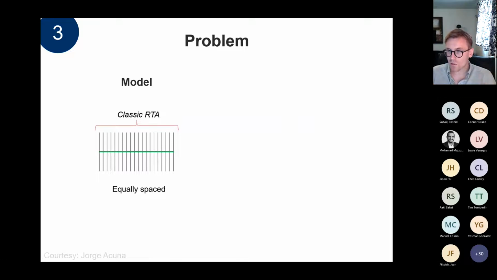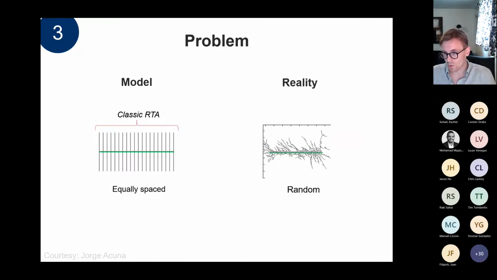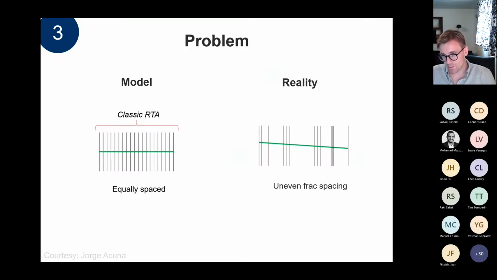But as we've seen in many of the test sites, many of these ConocoPhillips papers, etc., we know that the reality is much more complex. Maybe it looks something like this, or maybe it looks something like this. This is kind of the fracture swarm concept that has been popularized through these Rademan papers from ConocoPhillips, where you have highly uneven frac spacing, but they're highly planar as well.